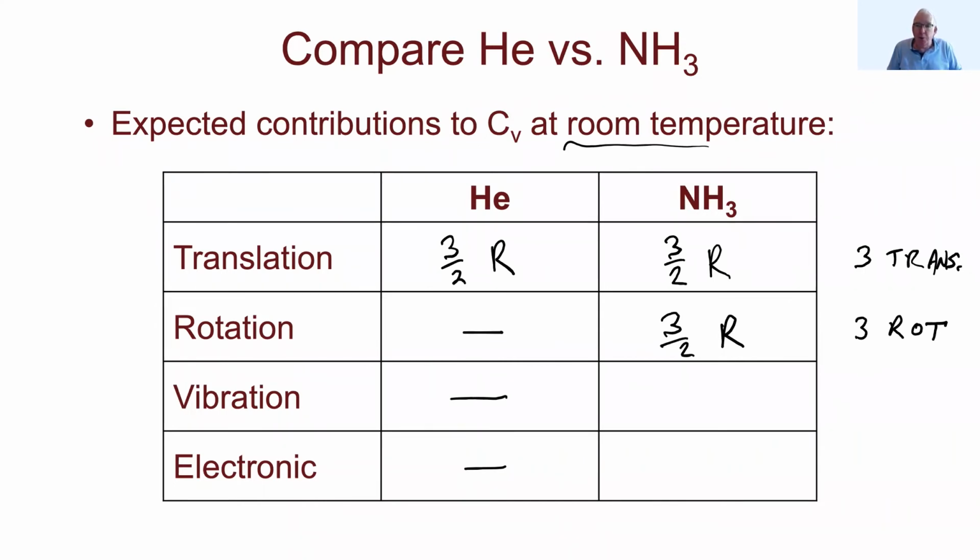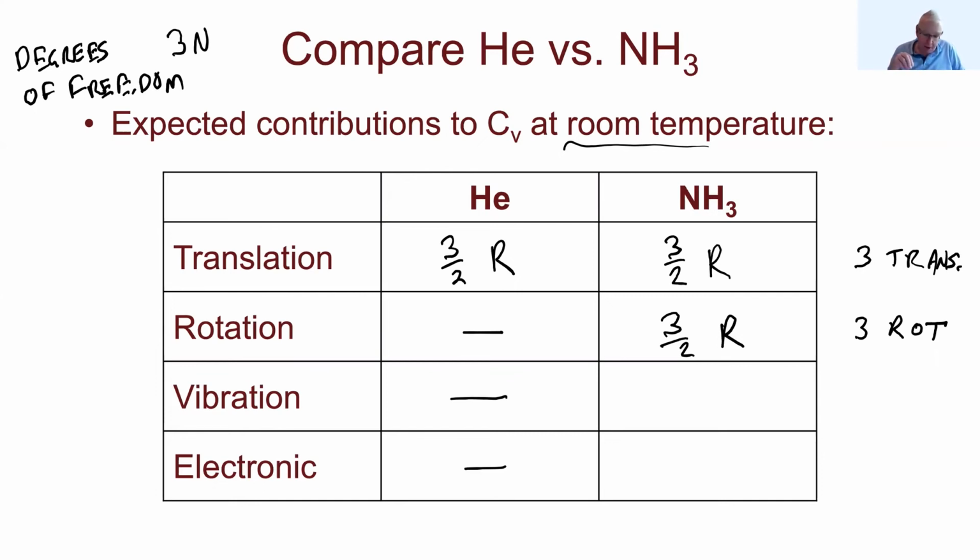If I want to get to the vibrations, I have to think about how many vibrations there are first. If you remember back to when we talked about spectra, the total degrees of freedom for a nonlinear molecule, since ammonia is nonlinear, is 3n. 3n is the total number of coordinates needed to specify the location of every atom.